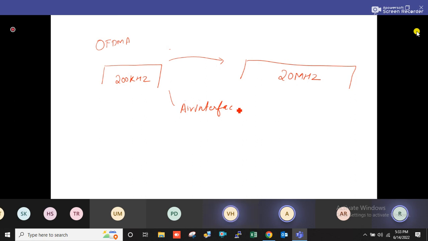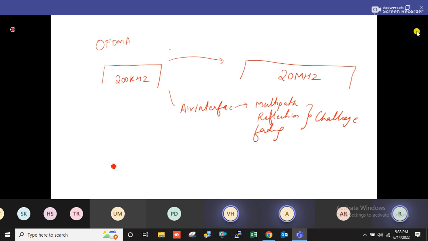So the air interface has the same perennial challenges like multipath, reflection, and fading. All these are some of the challenges which we face in the air medium.